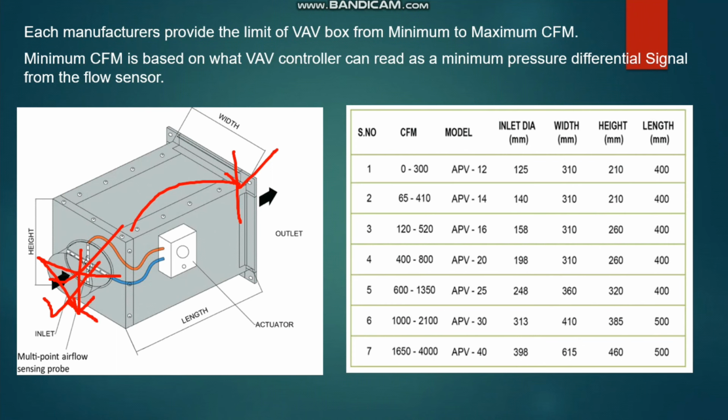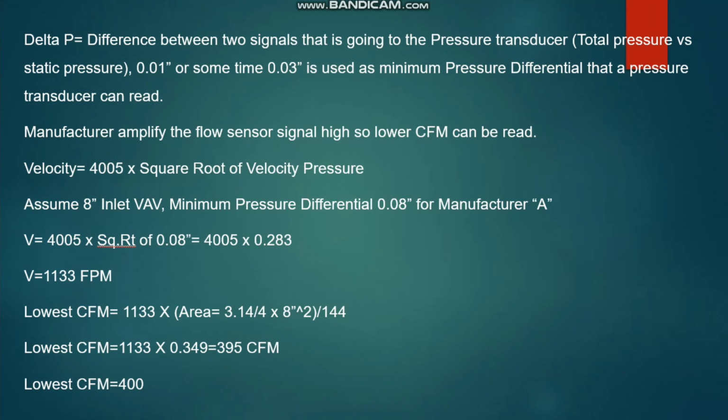So the inlet measures the total pressure and the outlet measures the static pressure. Here the delta P is the difference between the total pressure measured in the inlet and the static pressure measured in the outlet.